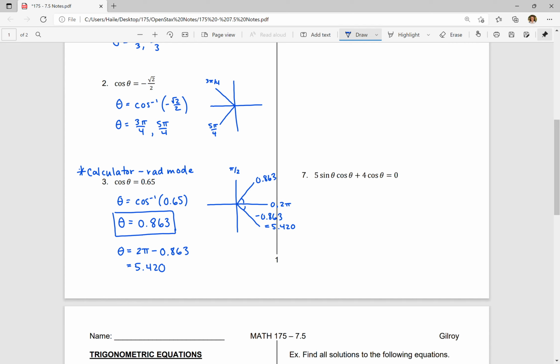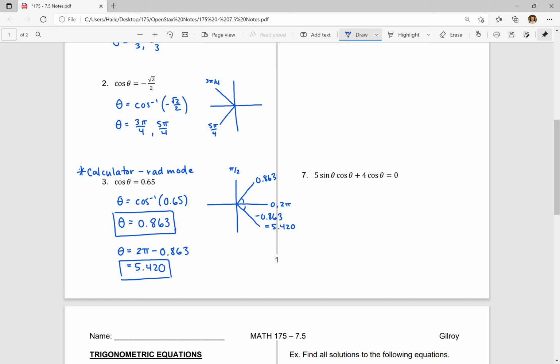Okay, so just to recap, when you have to solve an equation using a calculator, it sometimes is a little more complicated just because you don't have the two angles memorized that should be your answers. Usually your calculator will give you one of the angles because remember we had those rules with the inverse trig functions where they can only fall in certain quadrants so that you get one specific answer.